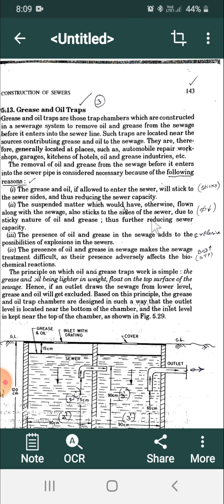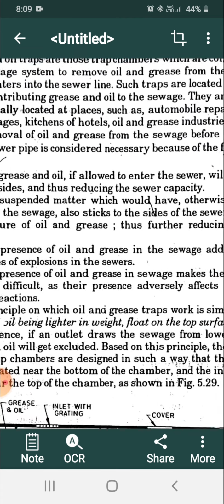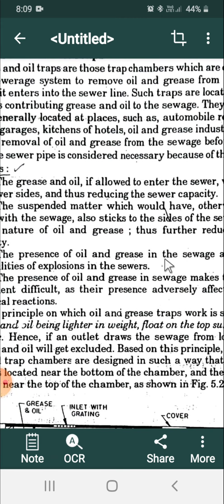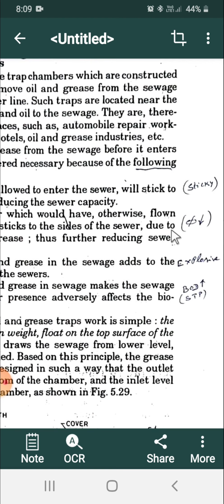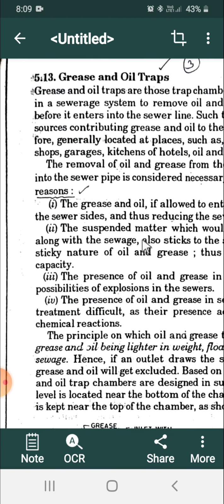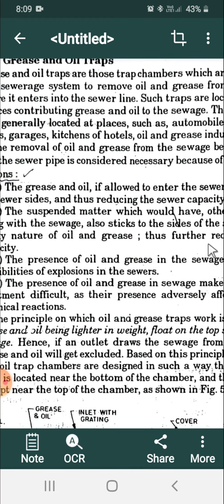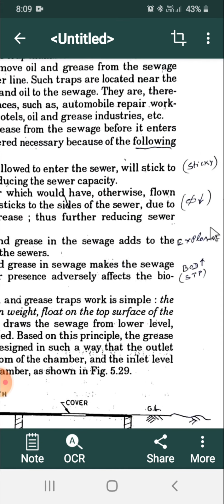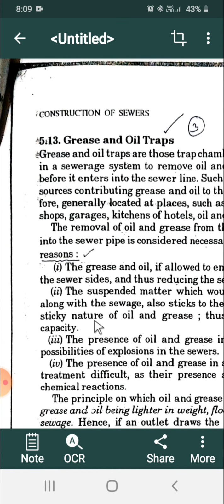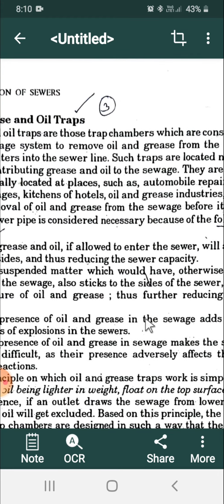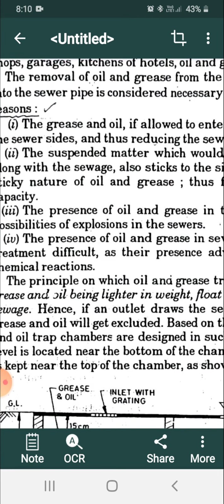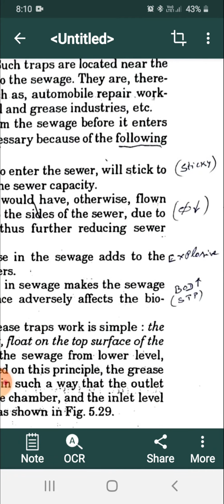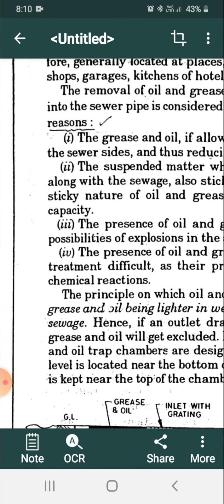Second one is, see here, the suspended matter which would have otherwise flown along the sewage also sticks to the sides of the sewer due to the sticky nature of the oil and grease, further reducing the sewer capacity.